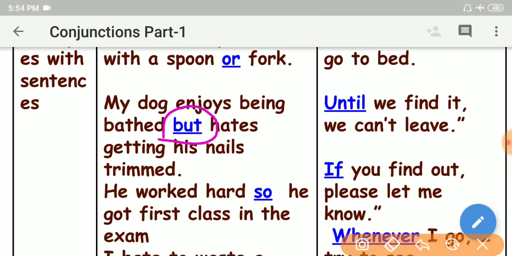My dog enjoys being bathed, but hates getting his nails trimmed. So here but is one of the important coordinating conjunctions. But is used for contrast situations.